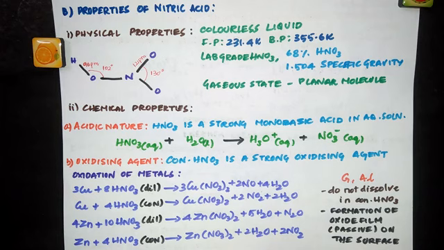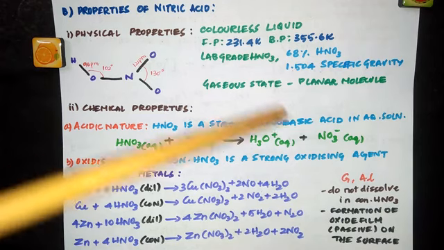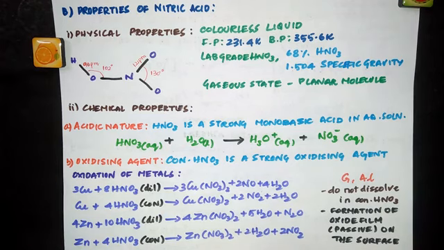The metal combines with the oxygen in nitric acid to form a protective layer of metal oxide on the surface of the metal, and that layer prevents further action. So the metal cannot react anymore.